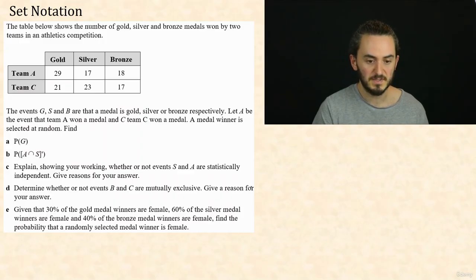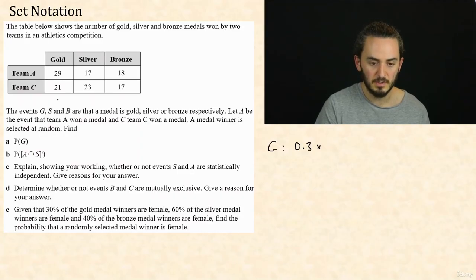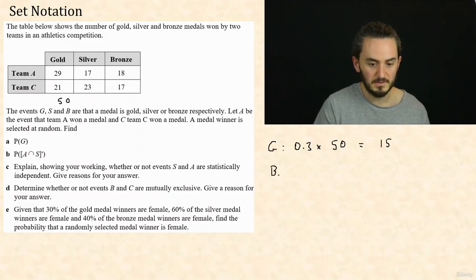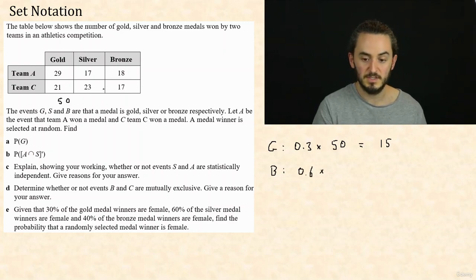So if 30% of the gold medal winners are female, it's going to be 0.3 multiplied by the number of gold medalists, which is 29 plus 21, that's 50. So 0.3 times 50, so there were 15 female gold medal winners, and 60% of the silver medal winners were female, so that's 0.6 times the number of silver medals.